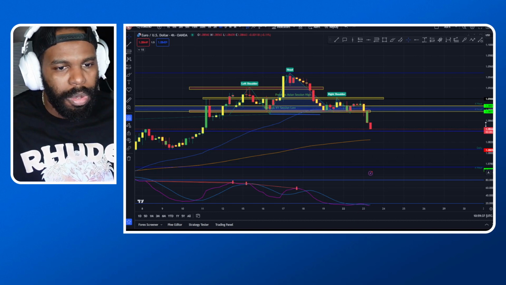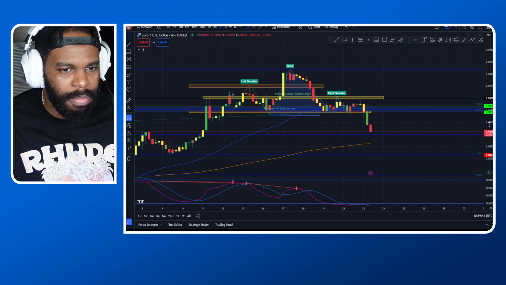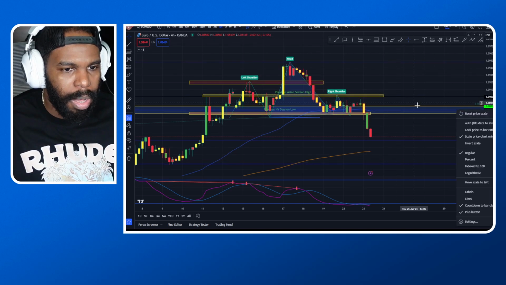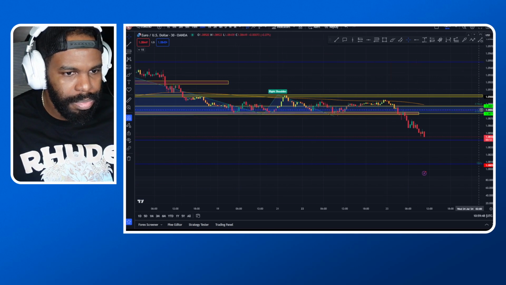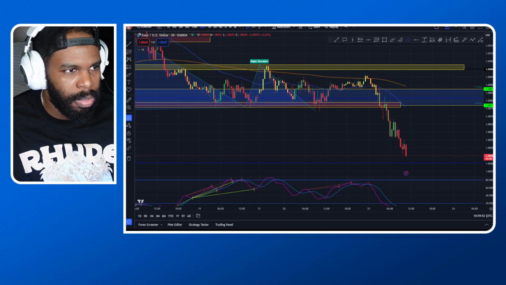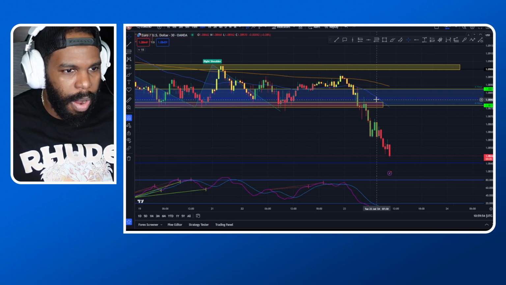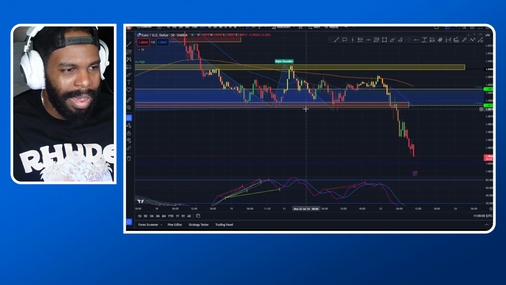What I was waiting for was a close, but really, let me see if we go to the 30 minute, right? So we had the head and shoulders pattern on the 4 hour, but what I was waiting for was that candle close below the neckline of this head and shoulders pattern.